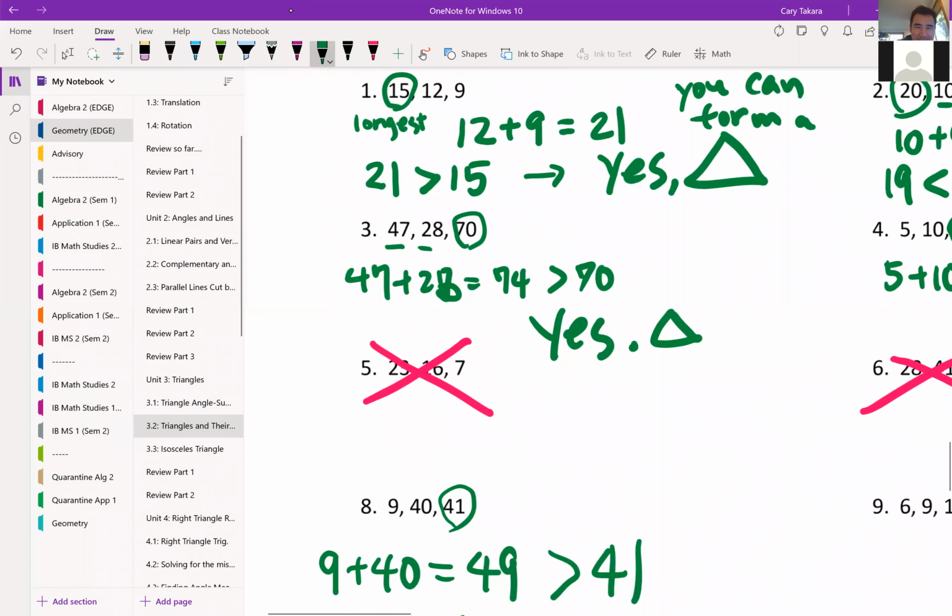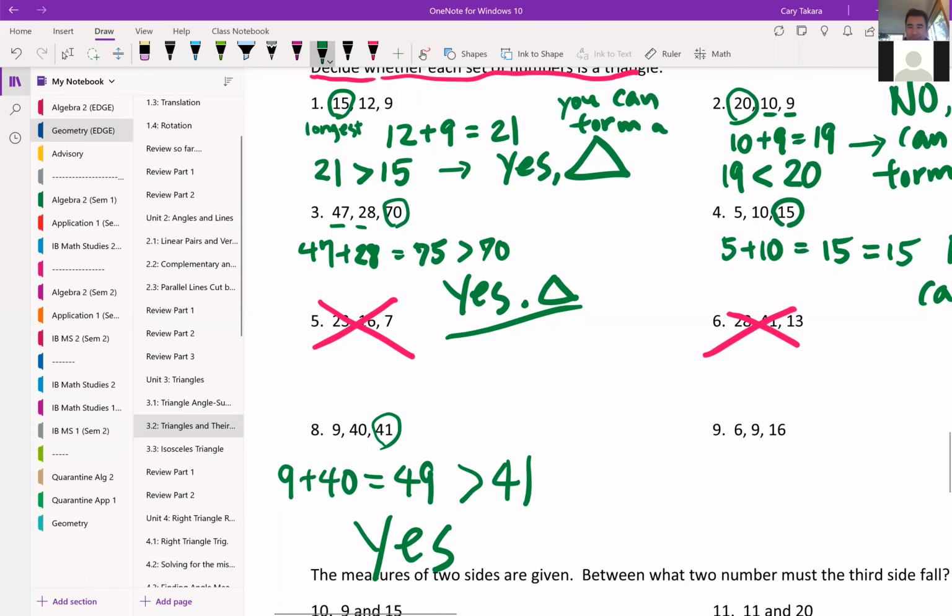I'm sorry, I messed up. This is not 27, it's 28. And then if you add that, that's going to be 75. But the answer is still yes. Right? 75 is definitely bigger than 70. Thanks for pointing that out.